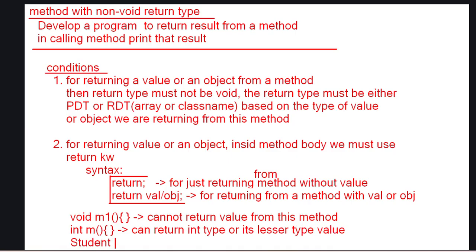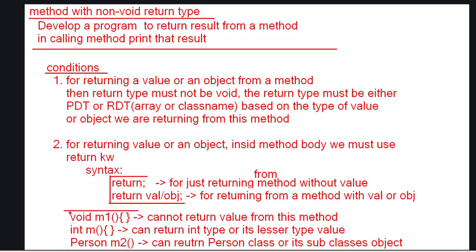Student, or you can say Person, m2 can return what? Person class or its subclass object. Examples are very, very important. If you see a method with return type void, don't return a value. Int can return, Person can return.